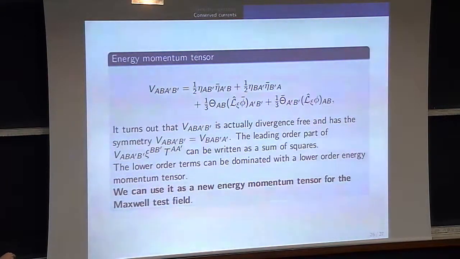But if we look at the properties of this V, we see a few different things. First of all, if we compute the divergence of this, it's actually 0, which is really nice and a bit surprising. It's also symmetric.